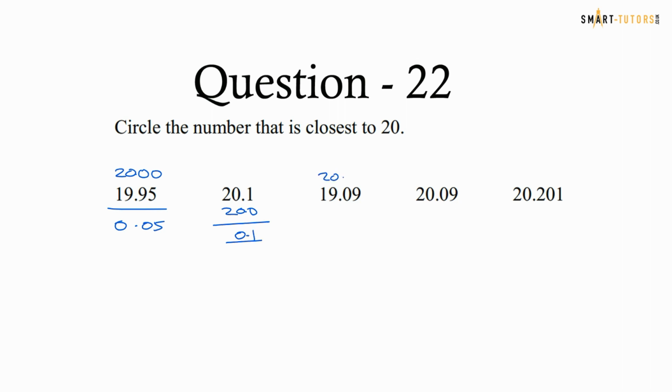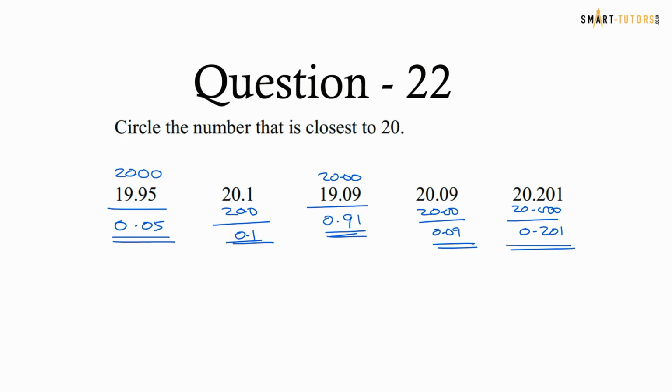And this is 20, and you will get 0.91. And if you put 20 here, the answer is 0.09. And if you take away 20 here, the answer is 0.201. By looking at that, which number is the very smallest means that is the closest.